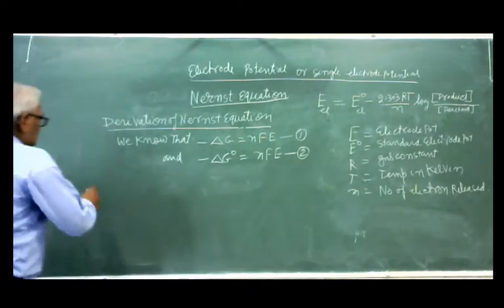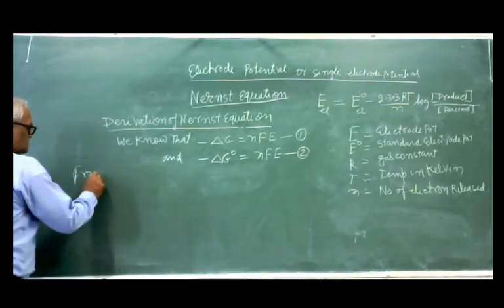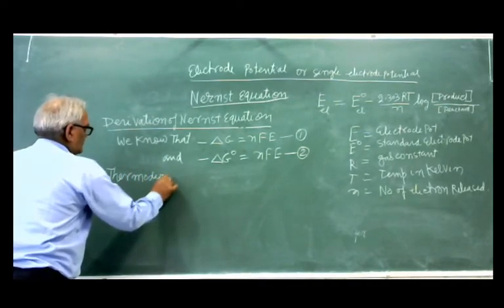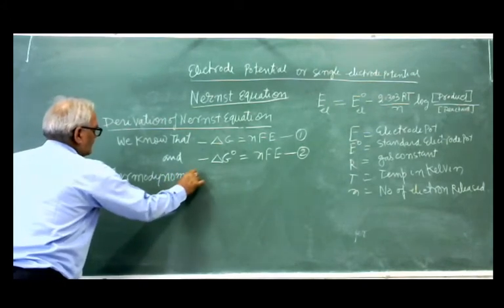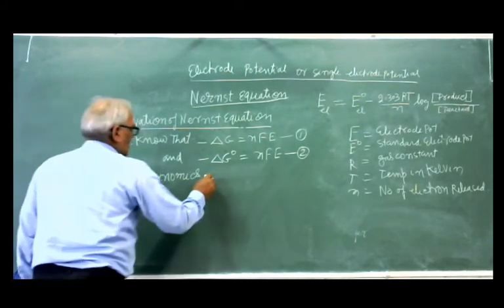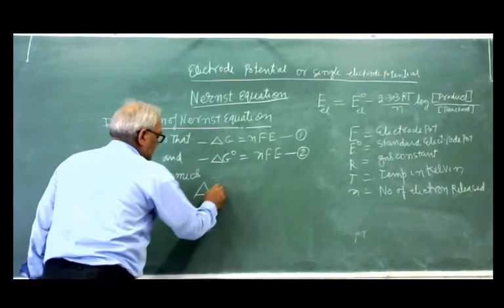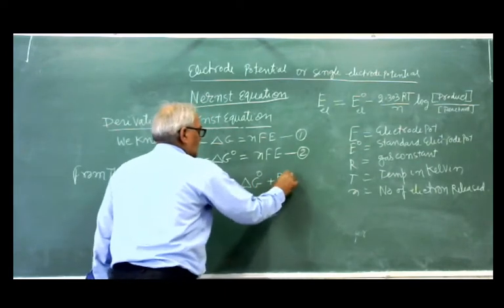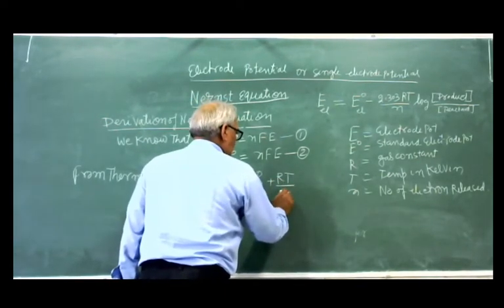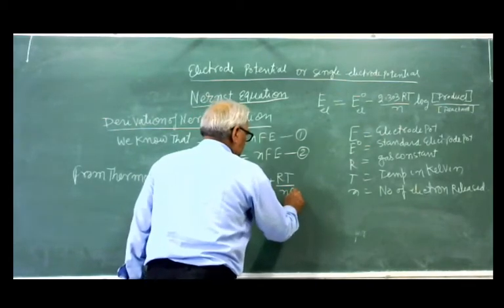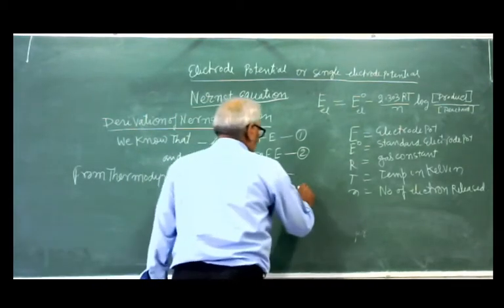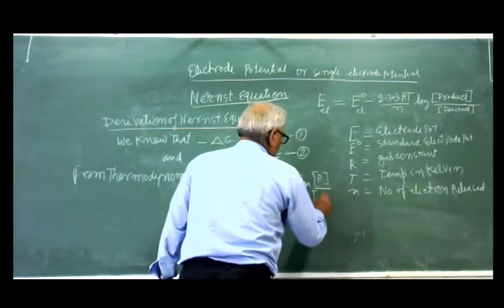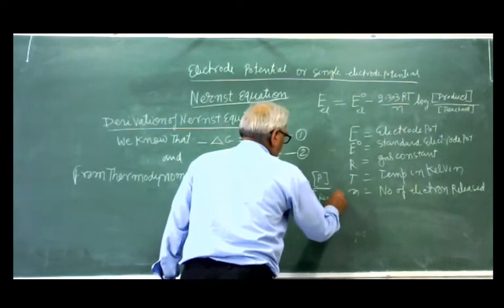From thermodynamics, delta G is equal to delta G0 plus RT ln of the product upon reactant concentration.